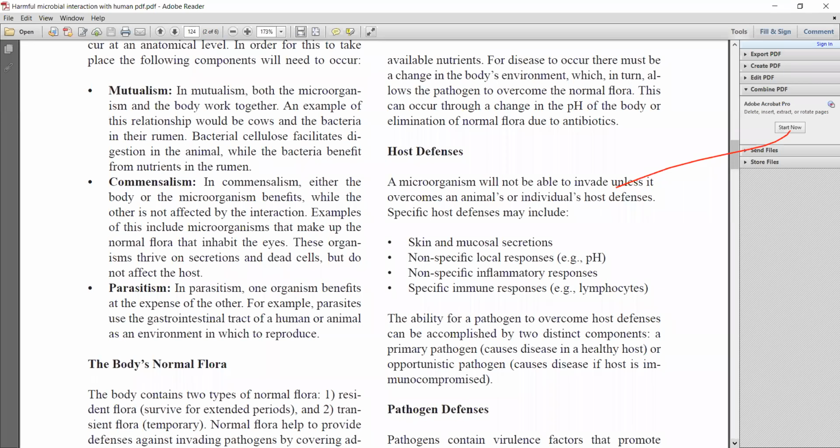It depends upon the organism which is causing the infection or the disease. If the infection is caused in a healthy body, then the bacteria is going to be a primary pathogen.